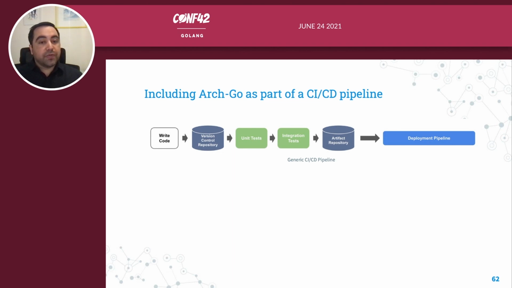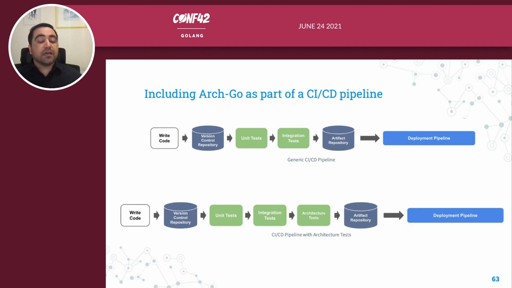This event triggers some automatic steps such as running the unit tests or running the integration tests. And then we can continue with the deployment part of the pipeline. Looking at this process, it's natural to think of including architecture tests as part of the CI/CD pipeline.